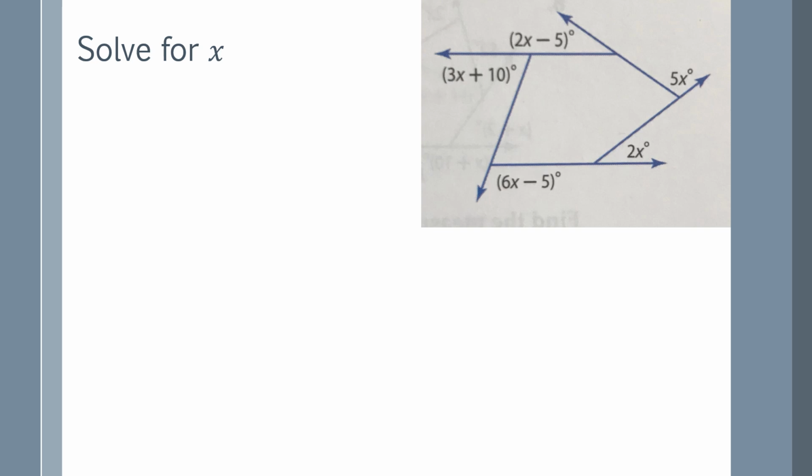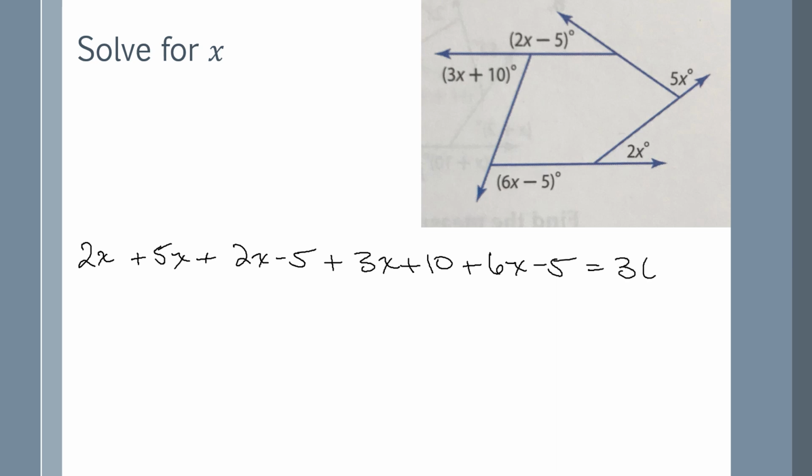Okay, so we'll start here with 2x plus 5x plus 2x minus 5 plus 3x plus 10 plus 6x minus 5 equals 360. I got rid of my parentheses right off the bat.